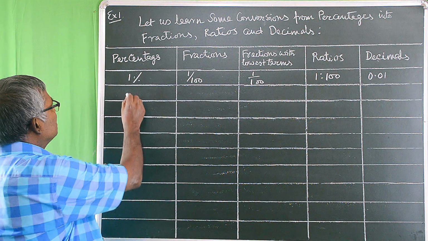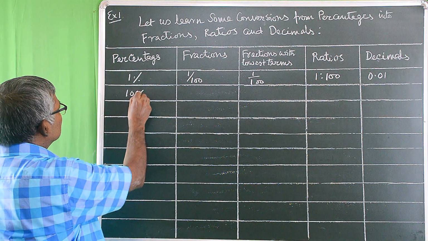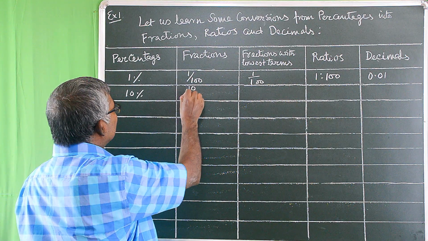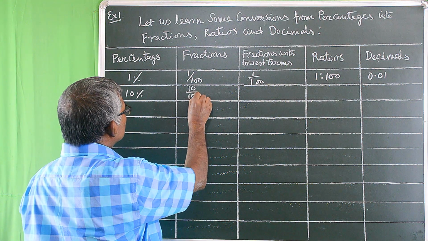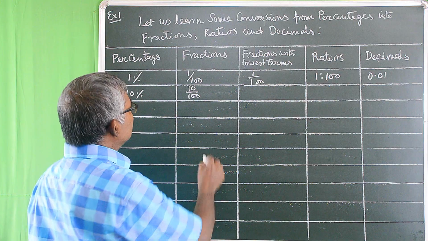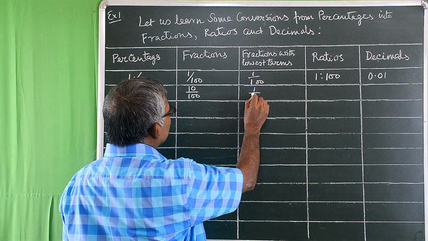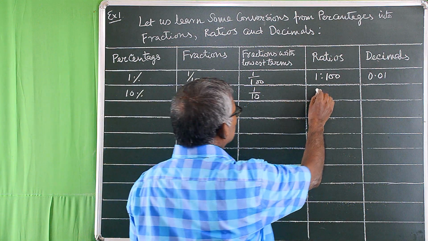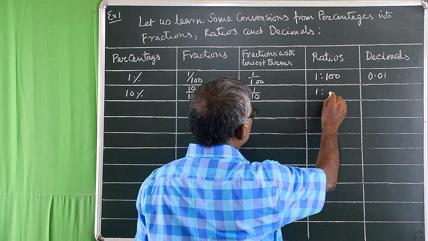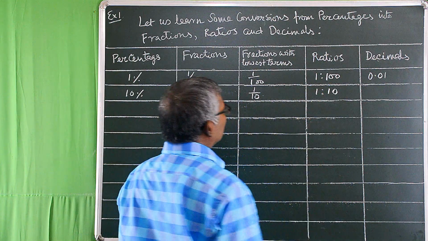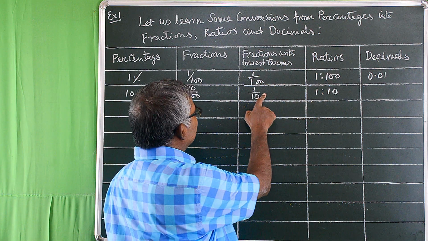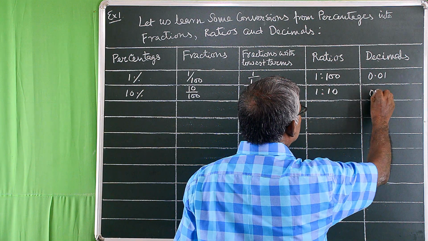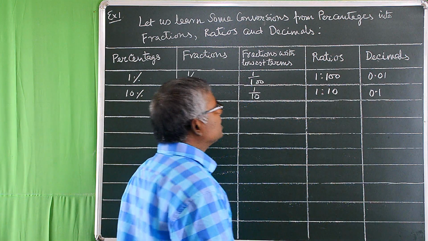Let us learn what is 10%. 10% means 10 by 100. In the simplest form, it is 1 by 10. And what is the ratio? It is 1:10, and we can write 1 by 10 equal to 0.1 in decimal.